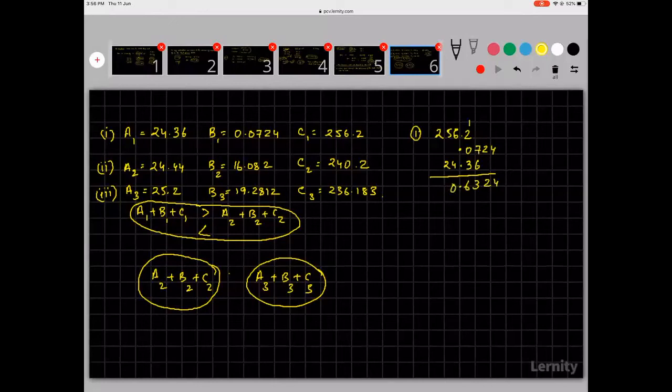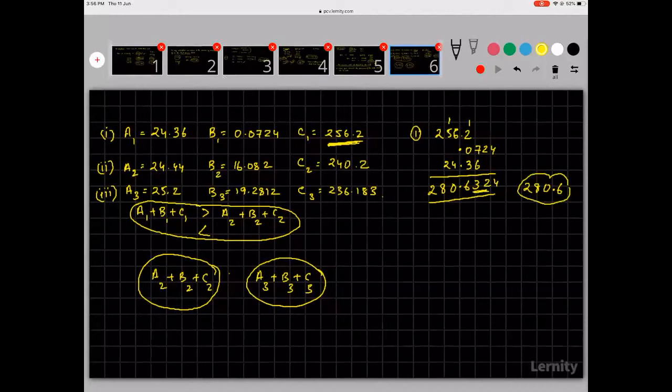Then this is 0 here, 1 here, this is 8 here, then this is 2 here. So in the first case, when I add them, I get this much. This is the least precise data. Because this is the least precise data, the answer that I report is 280.6. I round it off. This number is less, so it is rounded off to 280.6.